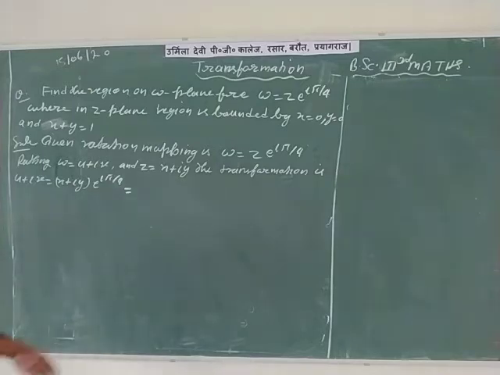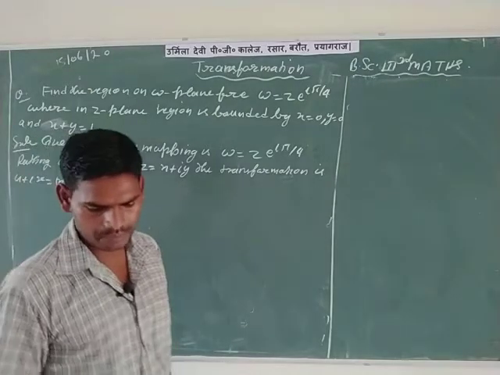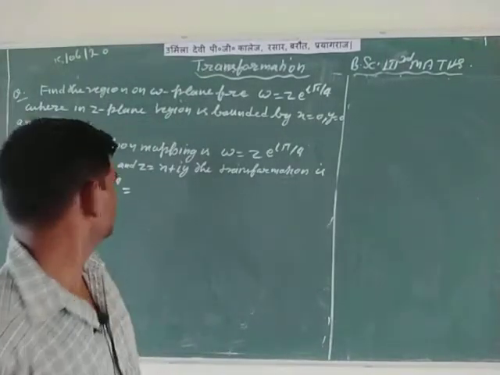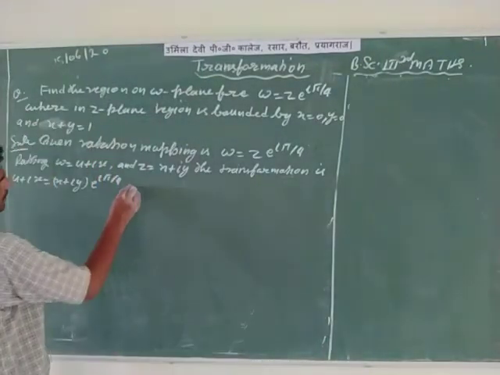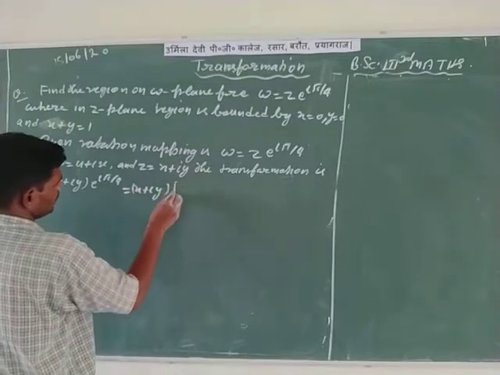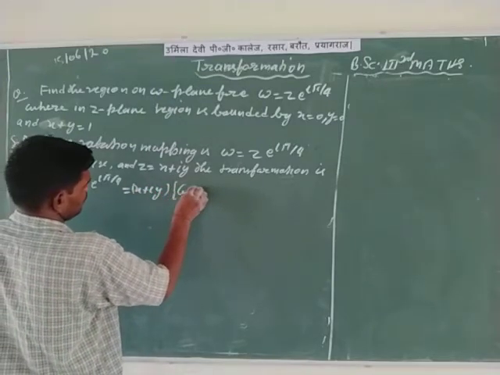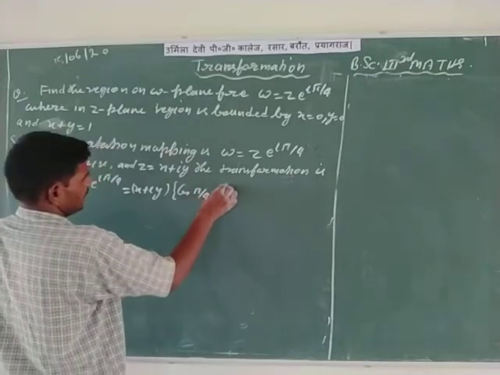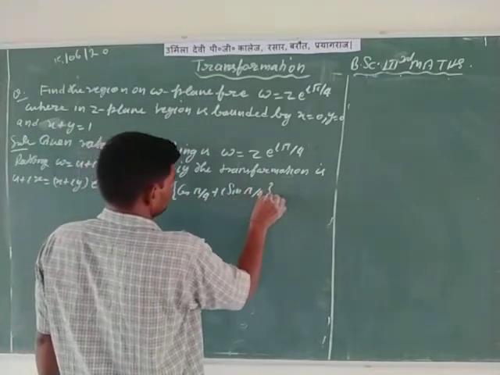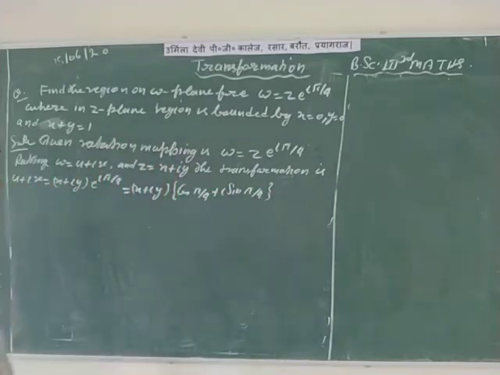Here, putting the value of the exponential function e to power i pi by 4, which means cos pi by 4 plus i times sin pi by 4. After simplification, you can find the real value small u and the imaginary value small v.